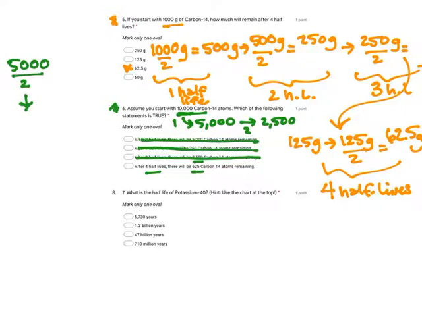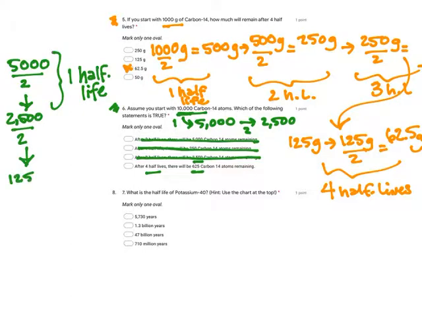Divided by 2 would give us 2,500 atoms. So that's 1 half-life. Divided by 2 again would give us 1,250.